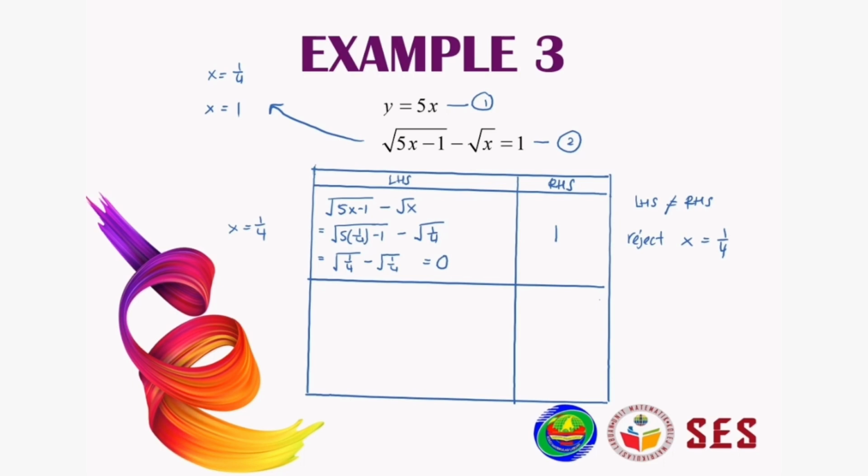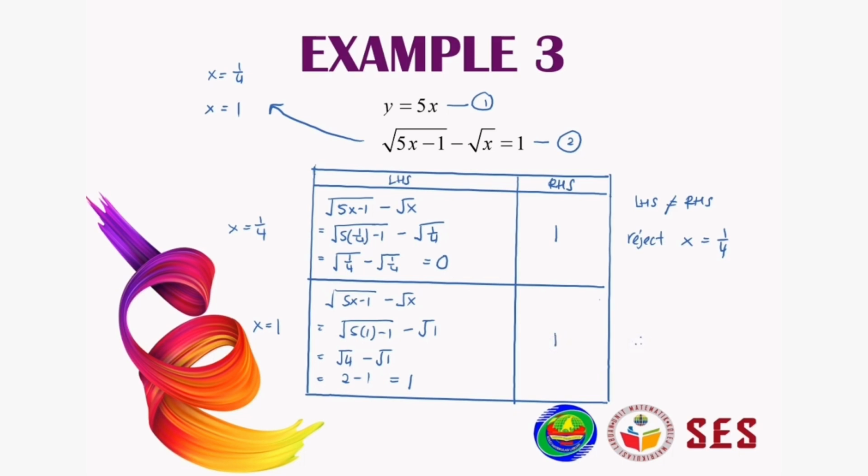Next, we check for x equals 1. Again, we substitute x equals 1 on the left hand side of equation 2. We have square root of 4 minus square root of 1, which is 2 minus 1, giving us 1. On the right hand side, we have 1.